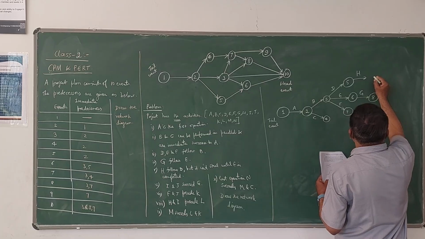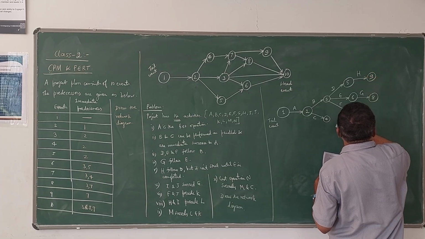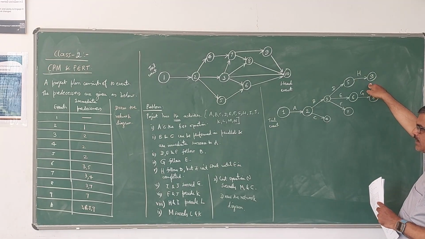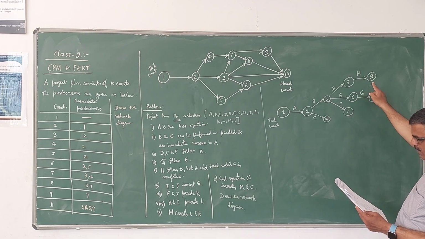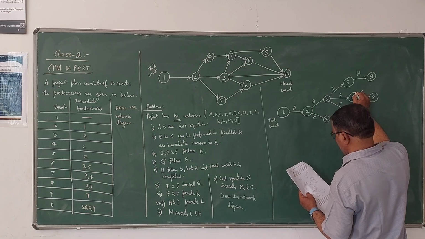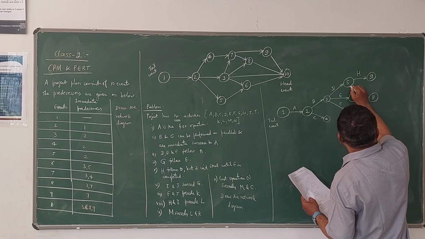Okay. But here what happens: H cannot be started until E is completed. After E, H has to go. For H to go after E, you have to show a dotted line here.